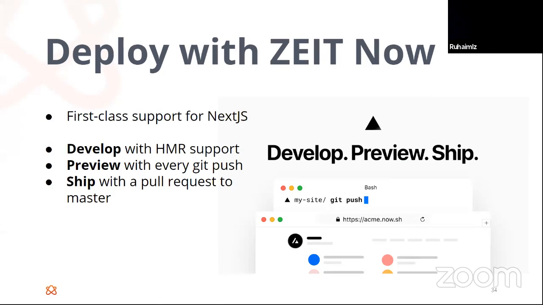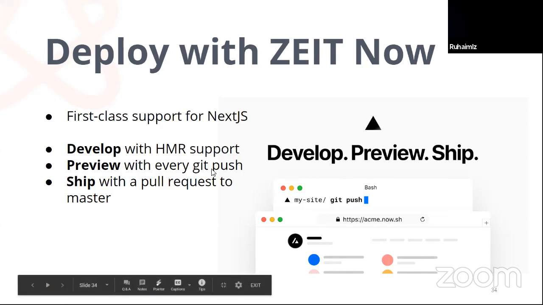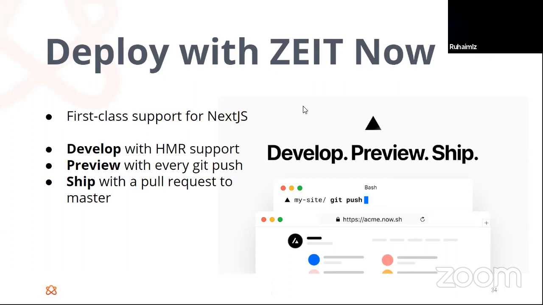If you do need to deploy whatever you build, it's a matter of just having your code in a Git repository. And every time you push into your Git repository, you are able to go into the Zeet Now platform, which is a cloud platform specifically for hosting server-side rendered and statically rendered applications.